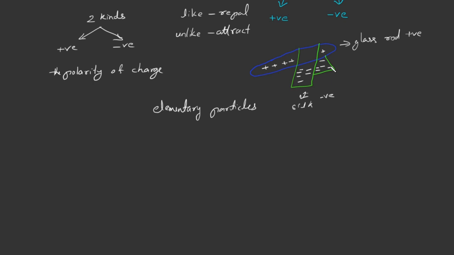Let us understand this one. What happens when a glass rod is rubbed with silk? The loosely bound electrons move from the glass rod to the silk. As electrons are moving, a momentary electric current is created, and this electricity is called frictional electricity.